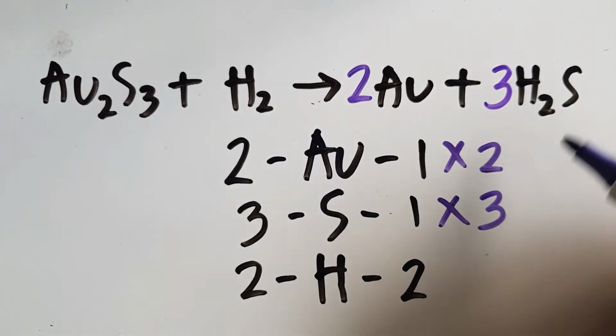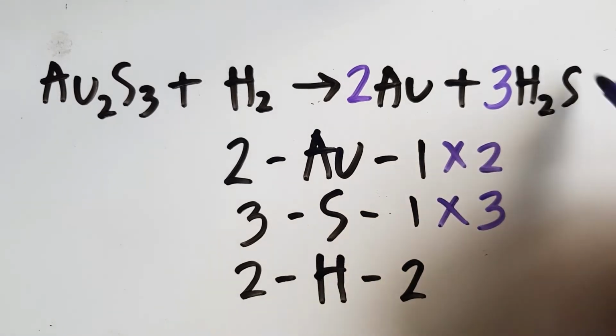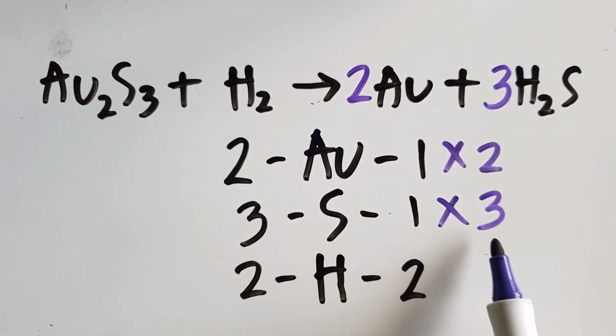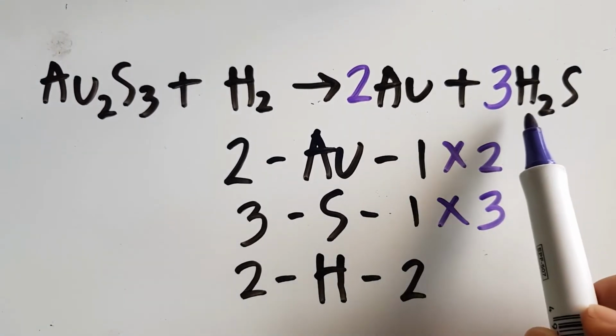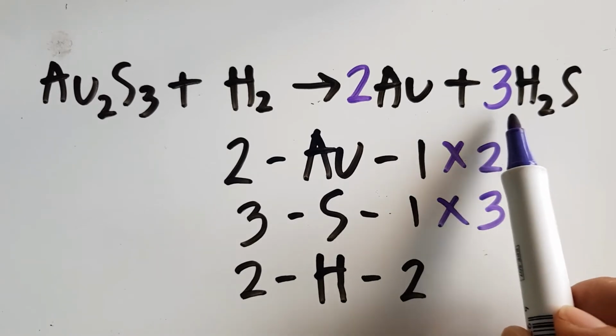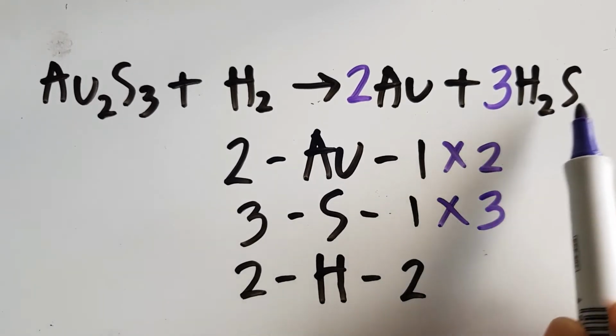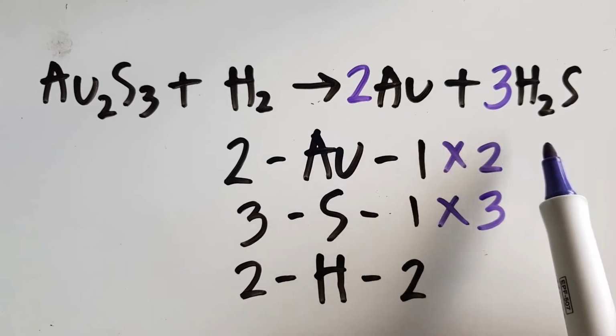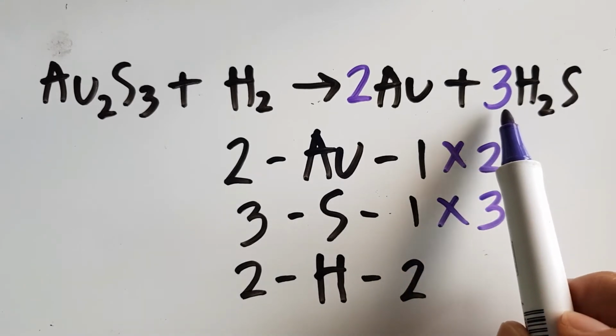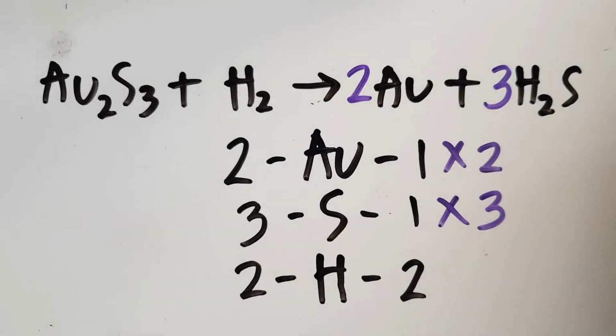Remember that you can never put coefficients in the middle of the term. And then this changes the number of H atoms, because S and H are in one term. So this means I have 3 times 2H, so now I have 6 H atoms.